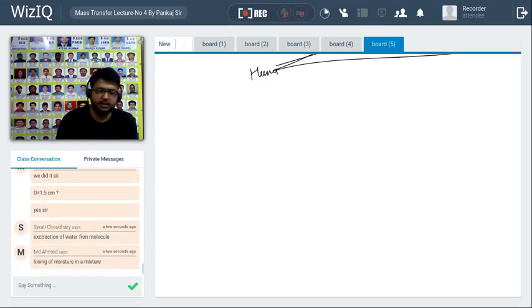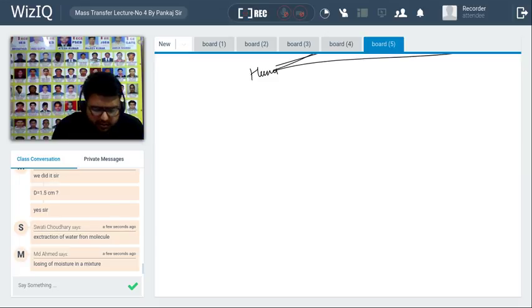This is not letting me work. No, not extraction of water from a molecule, not from a mixture.